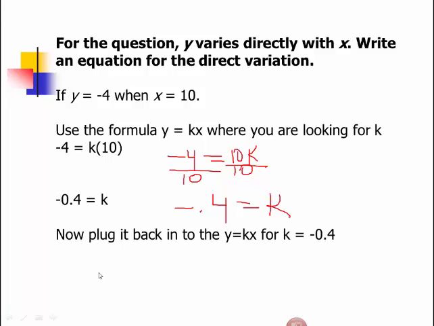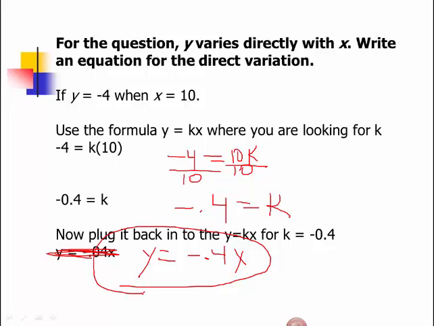Rewrite the equation. Y equals kx, for k is -0.4. Oops, Miss Locksman made a mistake. Y equals -0.4x is the equation. All right, hit pause and copy that down.